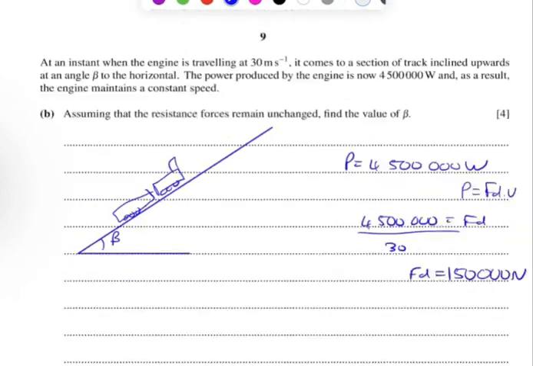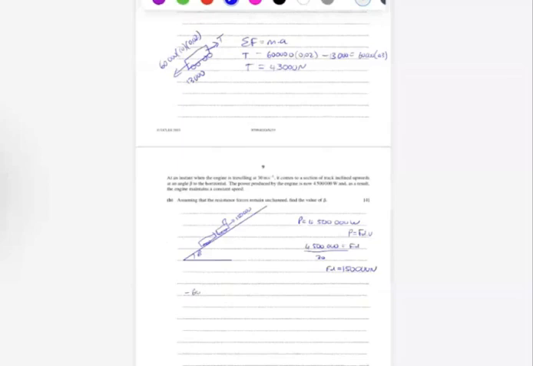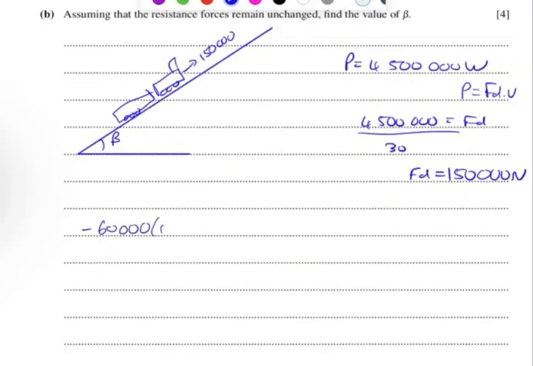Okay, I've got now 150,000 Newton pulling upwards. And this is at a constant velocity. Okay, so that means everything pulling backwards is going to equal everything going forwards. Okay, so I'm just going to write down my weight component minus 60,000 times 10, and in this case it's now sine beta.